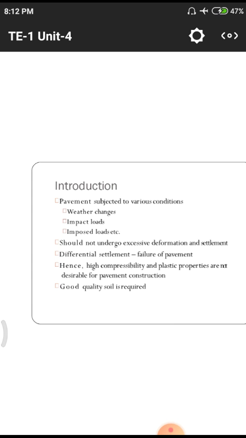Next one, impact loads. Whatever vehicles travel on a particular road surface, all of them create some amount of impact on the top layer of your road. Majorly this impact depends upon the types of vehicles moving on the roads.